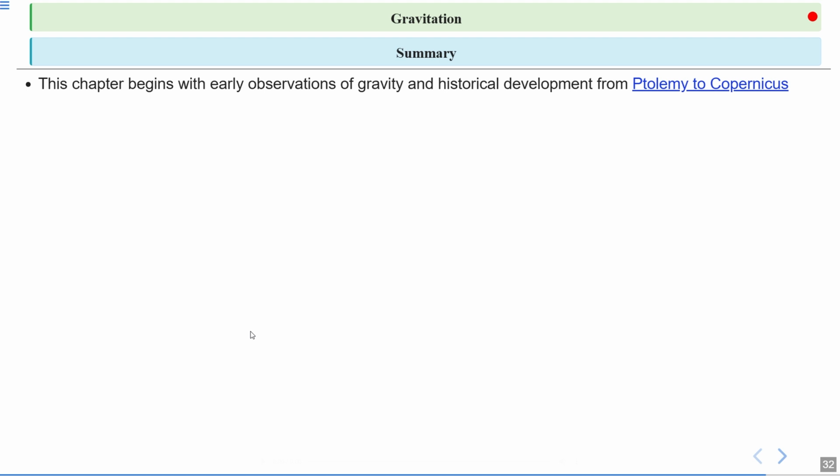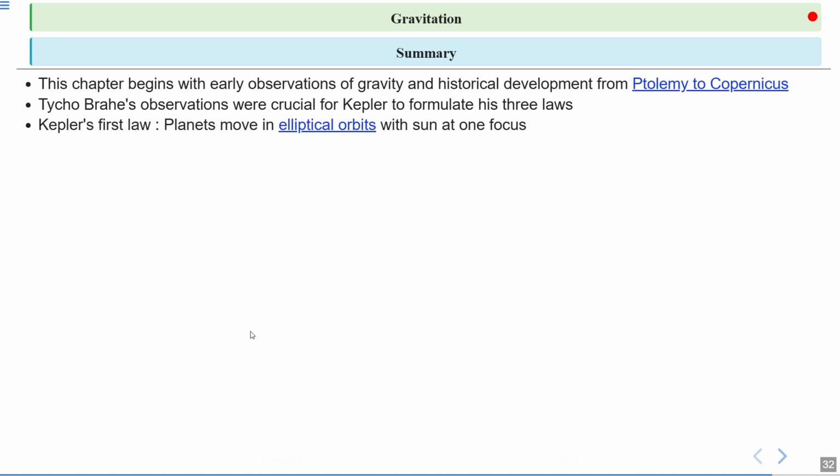Now these are the main points to be remembered from today's session. This chapter begins with early observations of gravity and historical development from Ptolemy to Copernicus. Tycho Brahe's observations were crucial for Kepler to formulate his three laws. Kepler's first law: planets move in elliptical orbits with the sun at one focus.